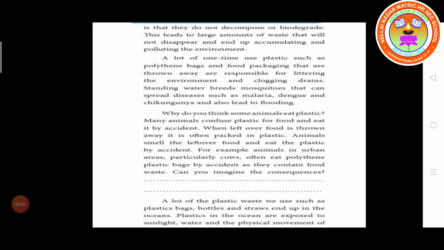So plastics are not decomposed and not biodegradable. That means they accumulate and pollute the environment. We cannot make that disappear.